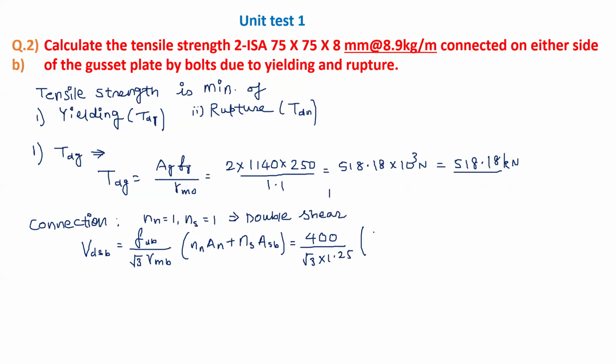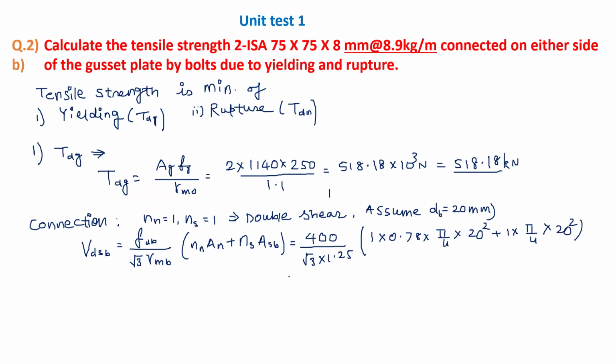And then we have nn is 1 into 0.78 into pi by 4, 20 square. So we are going to assume a 20 diameter bolt, diameter of bolt equal to 20 millimeters, plus 1 into pi by 4 into 20 square.